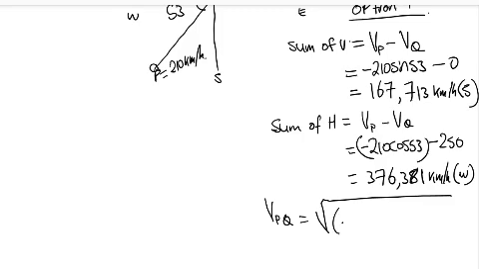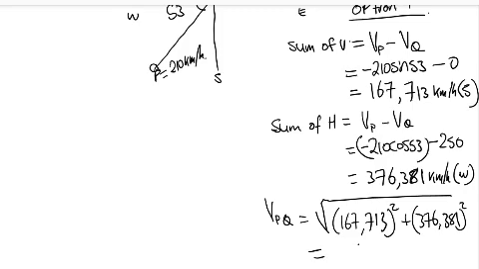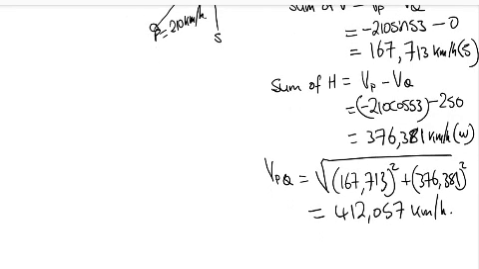We say bracket 167.713 squared plus bracket 376.381 squared, of which we get 412.057 kilometers per hour. That's the first option.